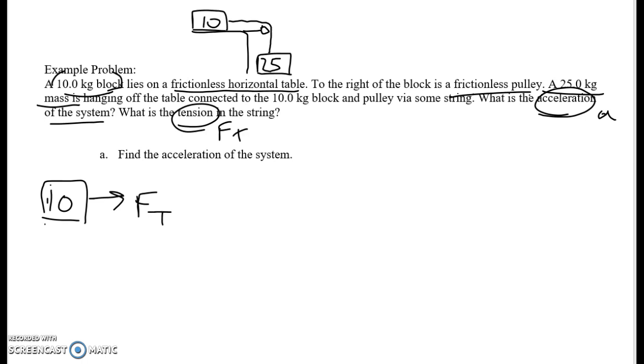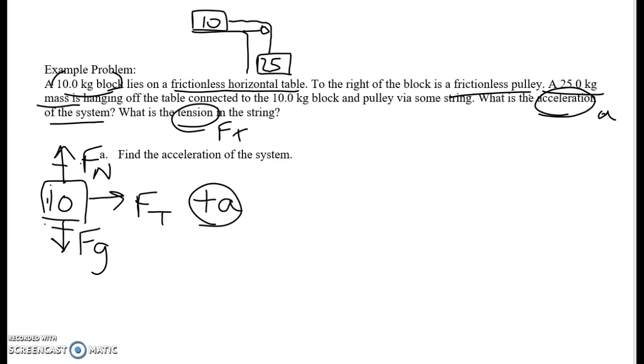I also know that the block has a force of gravity and it has a normal force. I know that those two forces are equal because the block is not accelerating up and down, it's only accelerating to the right, which is in the positive direction. So I know it has a positive acceleration because it's going to the right.